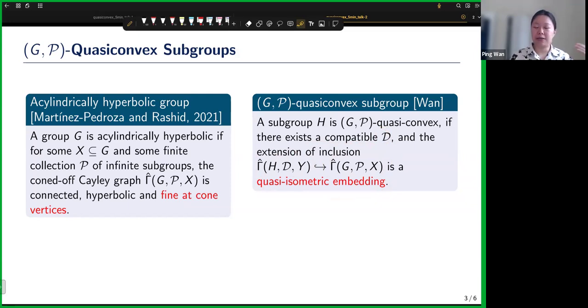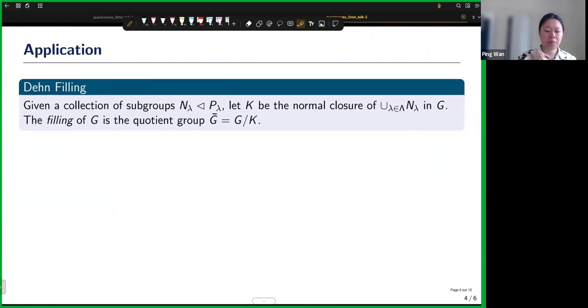Now, if I stop just here, that's just the definition. So now I'm going to show you some applications of this definition. Dehn filling is a very strong, powerful tool in relatively hyperbolic groups and hyperbolic groups.